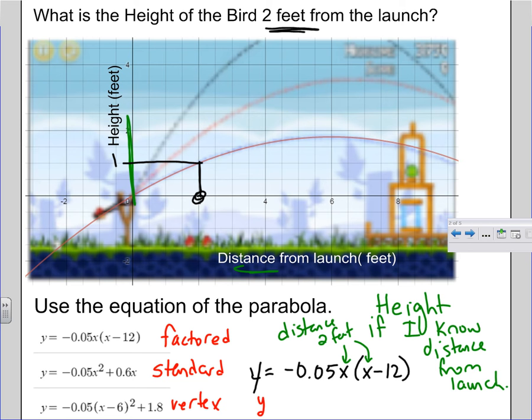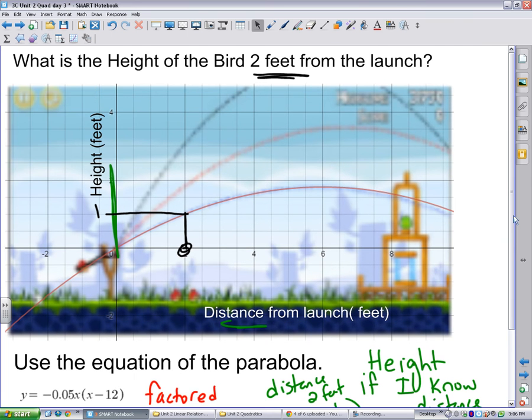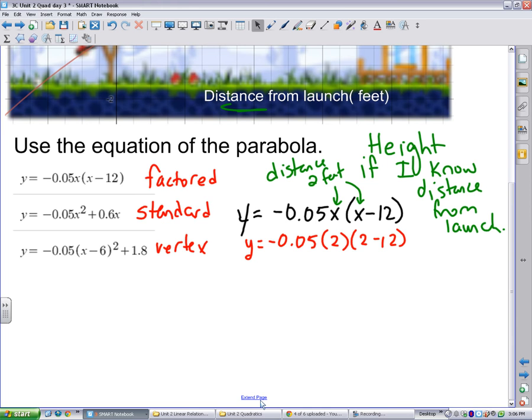So I'm going to do y equals negative 0.05 times 2 times 2 minus 12. And then I just need to finish BEDMAS and calculate. So that says I need 0.05 times 2 times negative 10, and I will type all of that into my calculator.